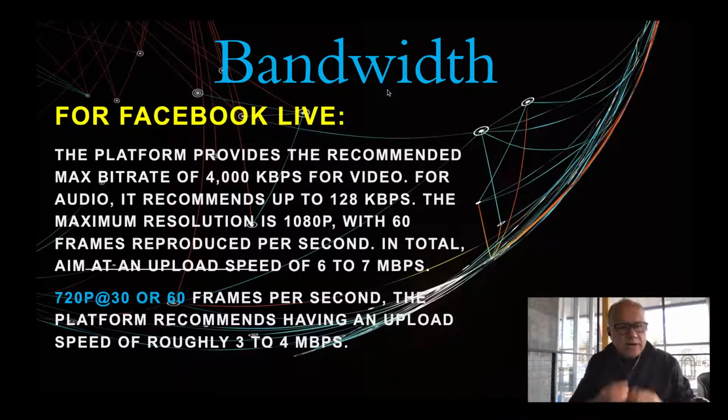So if I want to stream at 720, 30 frames per second, or 60 frames per second, which is what Facebook is actually telling us here, and I know that I need between 3 to 4 megabits per second because that is what Facebook is asking for, I'm not going to look for 3 or 4 megabits per second. I'm going to add 40% buffer to that.